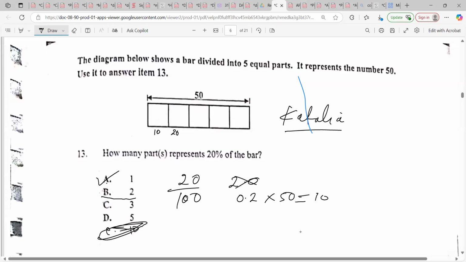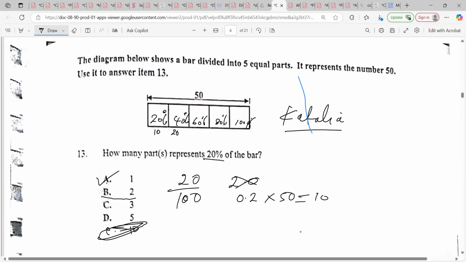Alright. So guys, look at it this way, right? One whole is 50. So if you want to know how many parts represent 20, you could just easily go by 20%, right? And you get 100%.